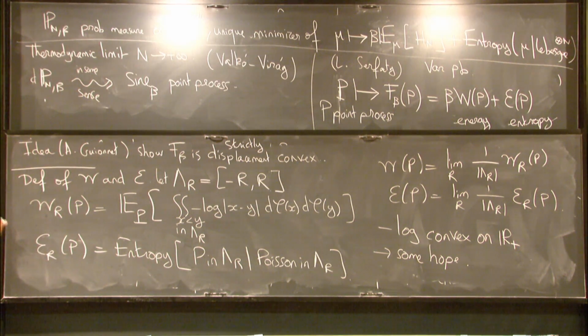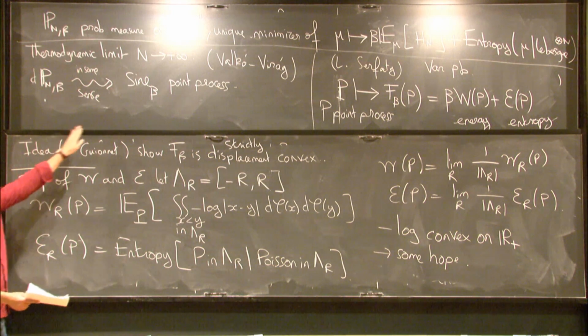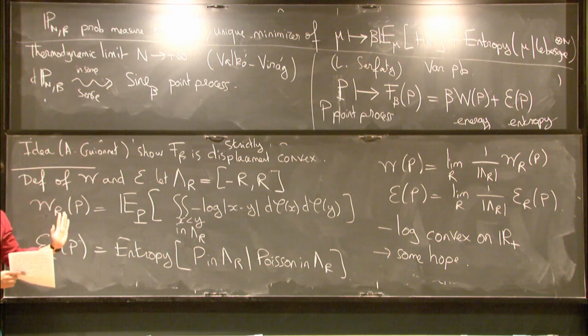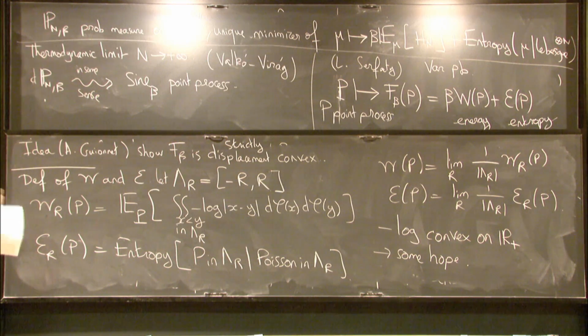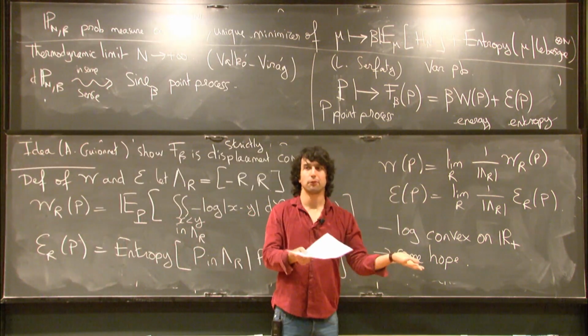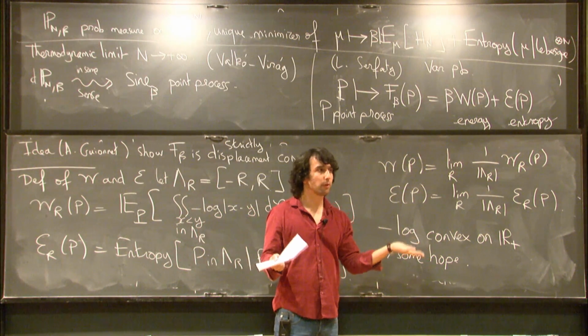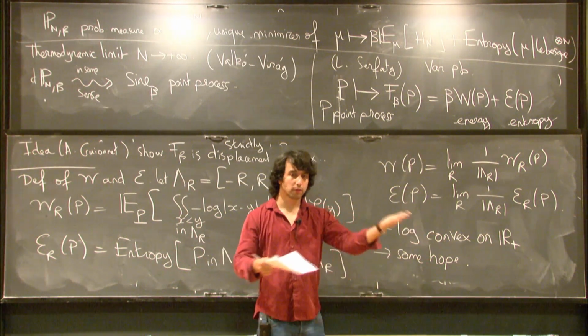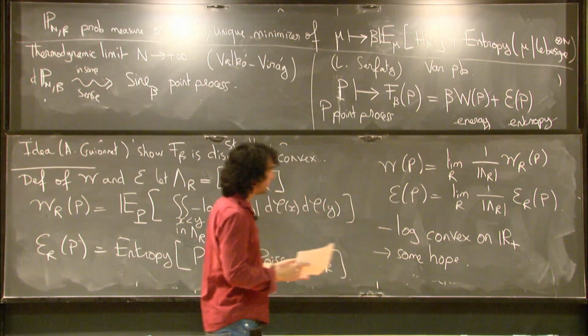And as a consequence, the description of sine beta that they get is very much on this random matrix side of the picture. If you prove that sine beta is the unique minimizer of this, well, in a sense, it gives you another definition of the limit process as the unique minimizer of a certain functional. So that can be satisfying.